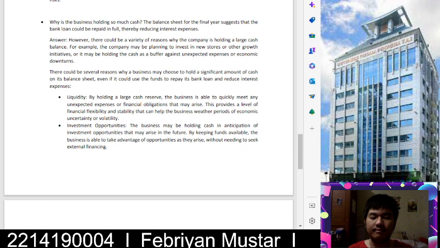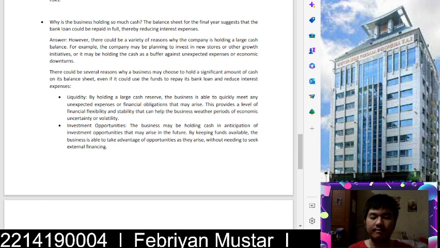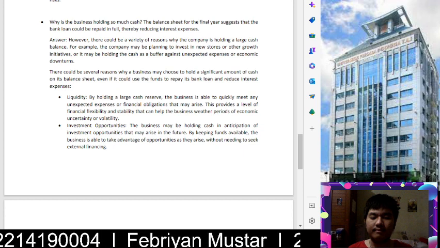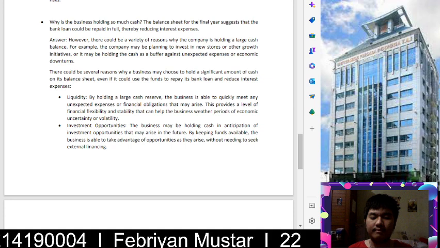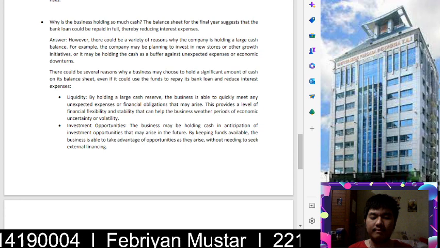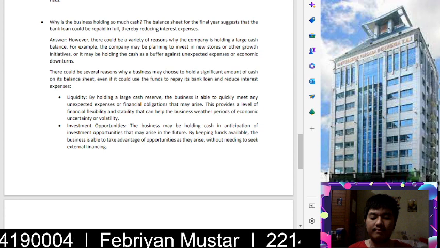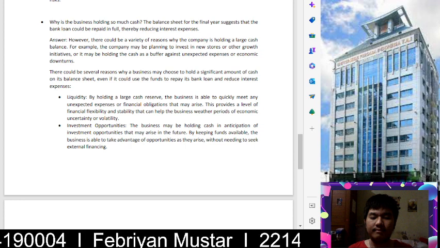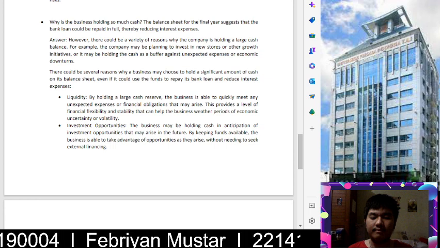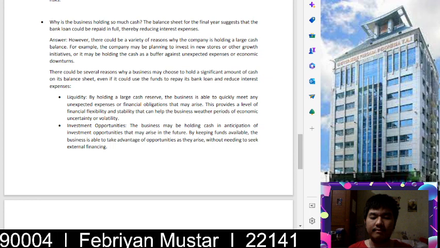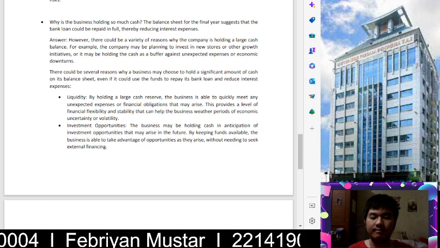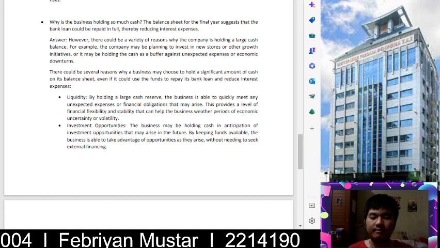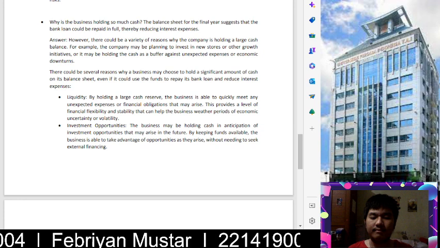There could be several reasons why a business may choose to hold a significant amount of cash on its balance sheet. Even so, it could use the funds to repay its bank loan and reduce interest expenses. The point is, one, liquidity.